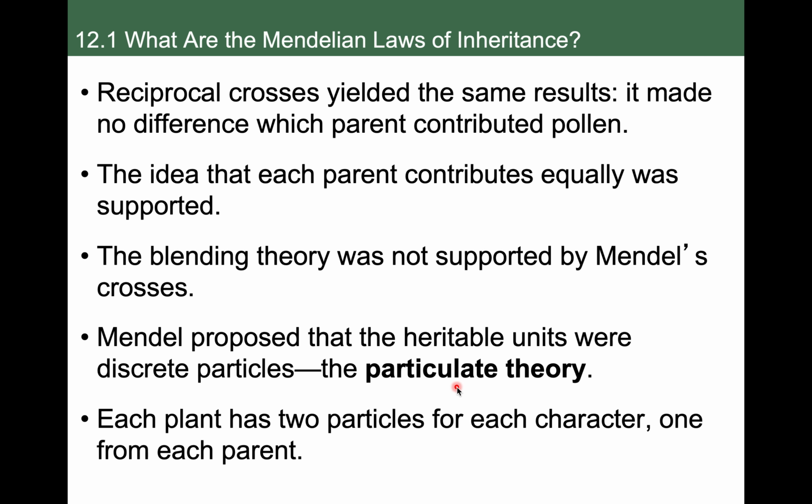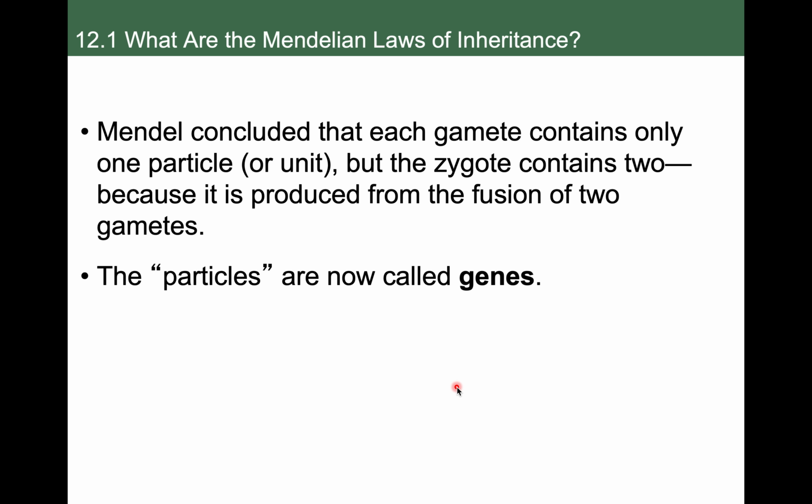And then also, as I mentioned, the only real explanation for what he was observing is there has to be some physical particle of inheritance that's getting passed from parent to child, which, as I said, of course, is the DNA, is the genes. So essentially, he was seeing this phenomenon of genes without knowing about DNA or about genes.